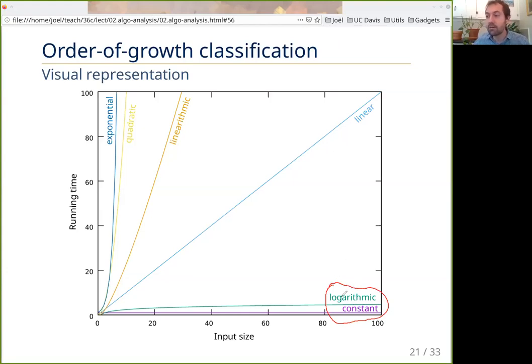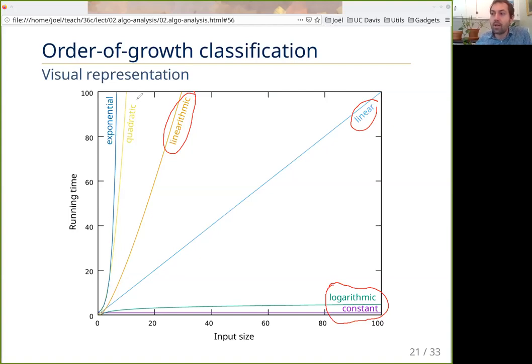Then logarithmic is one of the best types of algorithm because it's super fast. It doesn't increase very much, even if the input size increases. Then linear is not too bad, as well as linearithmic. Often when we find linearithmic algorithms for certain kinds of problems, people are fairly happy because it still gives us decent running times.